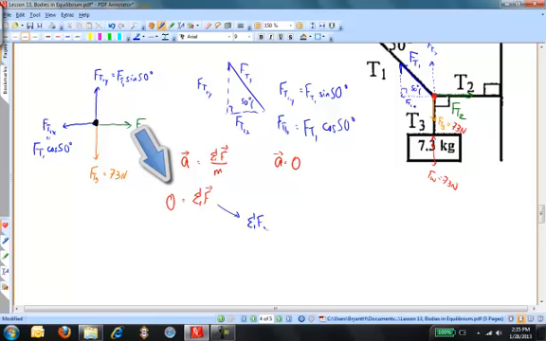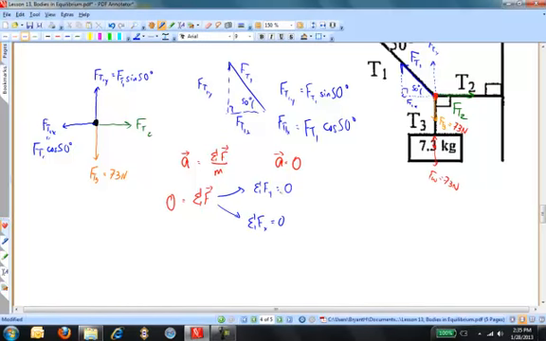The net force in the x direction is equal to 0, and the net force in the y direction is equal to 0. So I want to solve for the horizontal and the vertical components. I'm going to do the vertical first because I have a numerical value for FT3, that's 73 newtons. From that, I'll be able to figure out a numerical value of the y component, then use that to help me in the x equations.